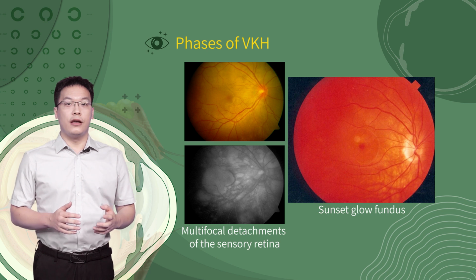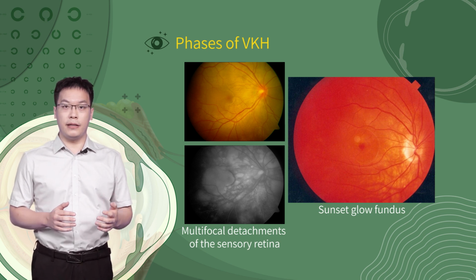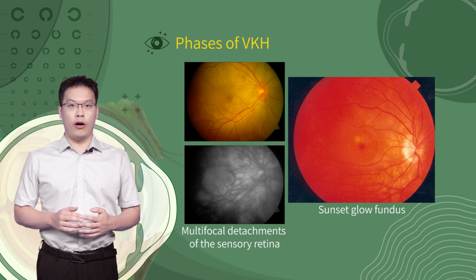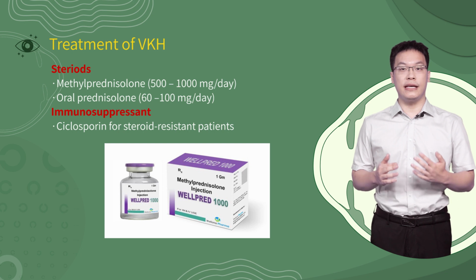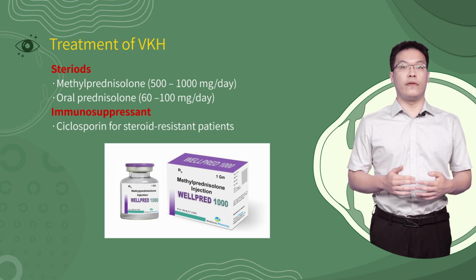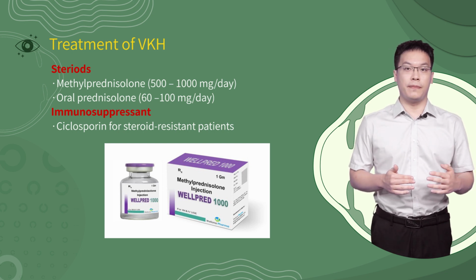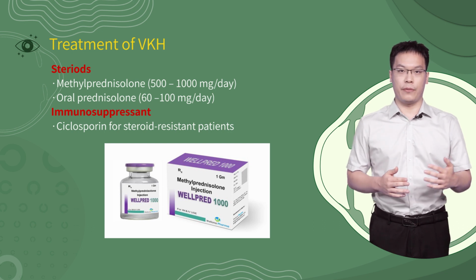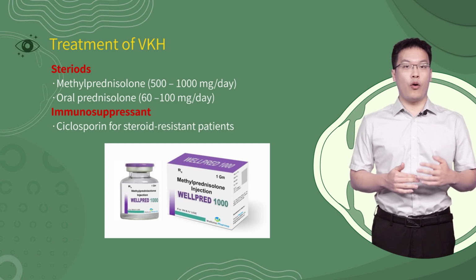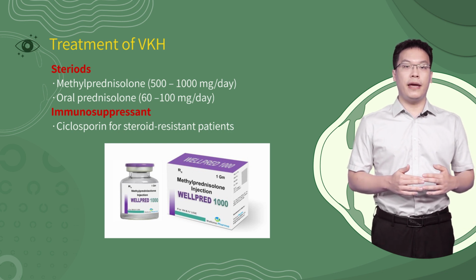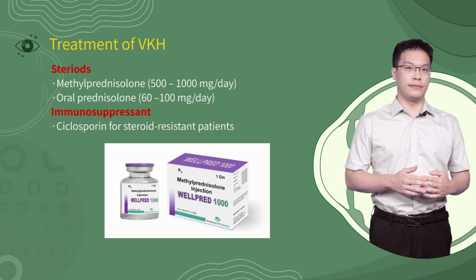The chronic phase shows diffuse retinal pigment epithelium atrophy called the sunset glow fundus, which may be associated with small peripheral atrophic spots. For VKH treatment, we need to use high-dose oral prednisolone, sometimes even with 3 days of intravenous methylprednisolone pulse therapy. Patients who are steroid resistant or have recurrent uveitis may require cyclosporine.